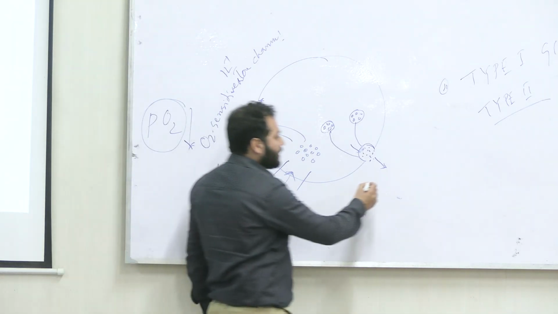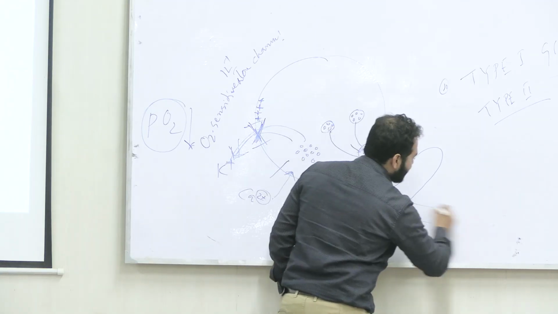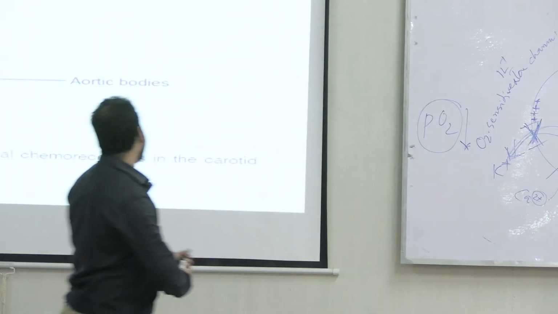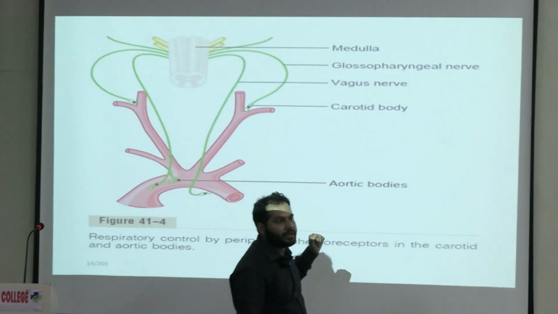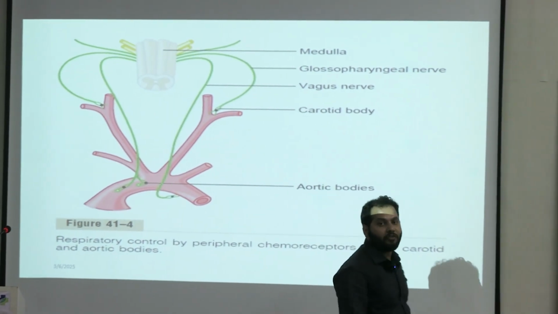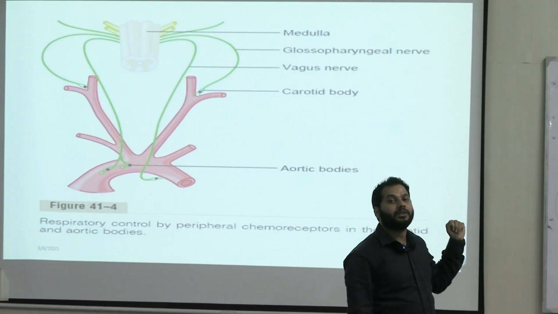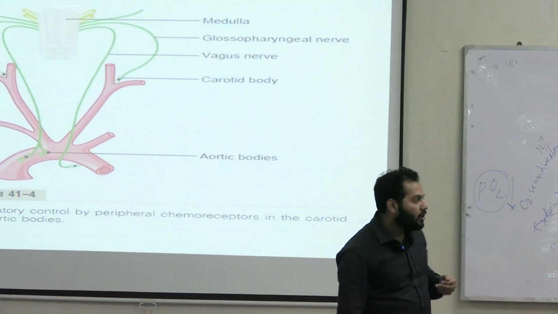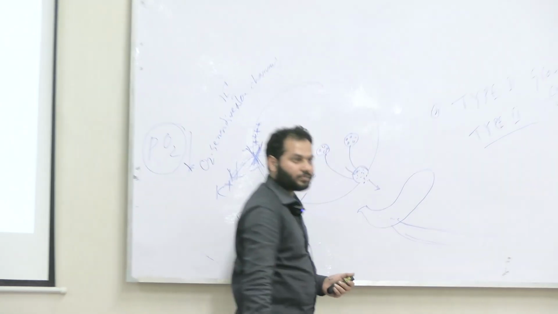So here, outside of the cell membrane, there is a sensory neuron or afferent neuron. And these sensory neurons are the vagus nerve and glossopharyngeal nerve. What is the role of this nerve? The role of this nerve is that it carries the impulses. So here, suppose this is the glossopharyngeal nerve.